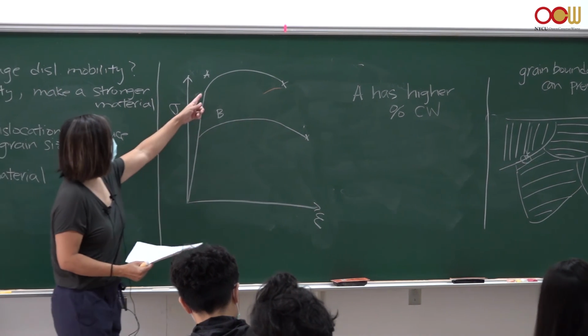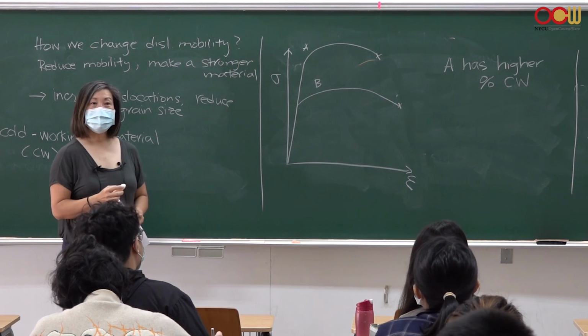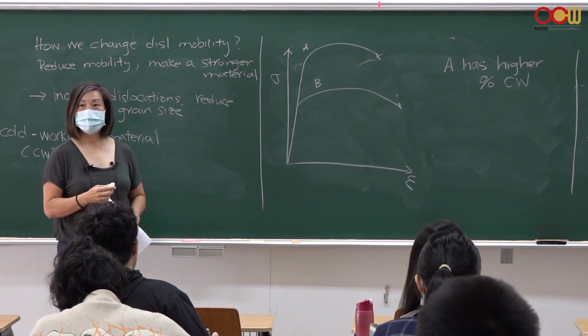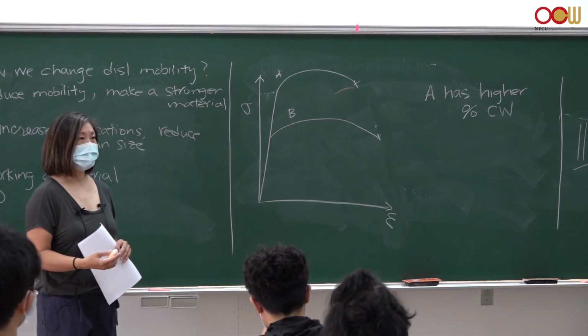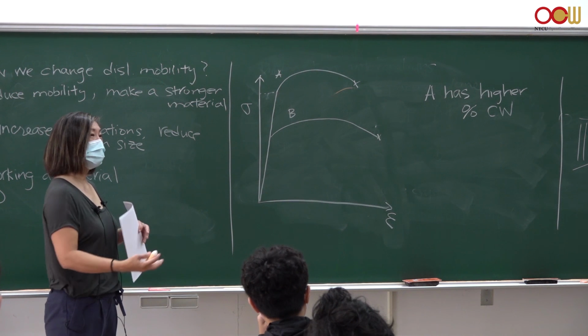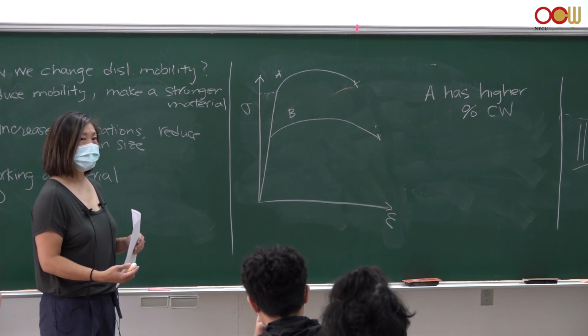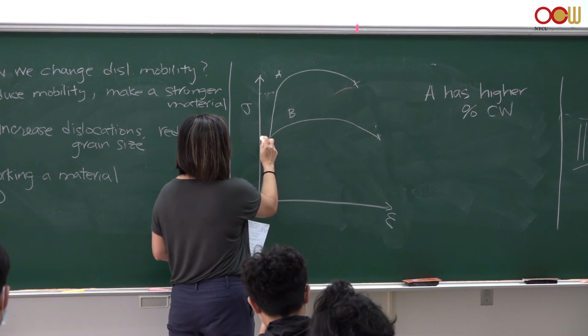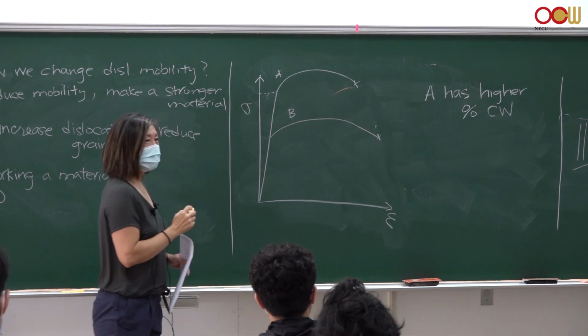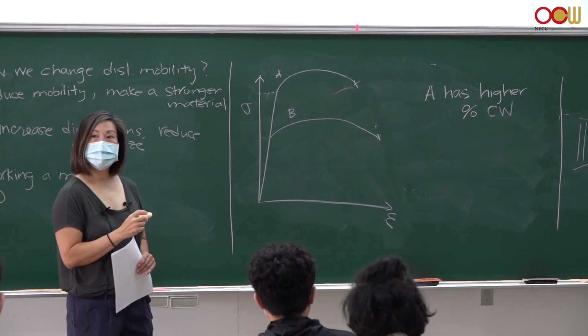So it takes more force in order to start causing permanent deformation. It needs more energy for the dislocations to move. So it's stronger. B has less, so it's easier to get the dislocations to move.